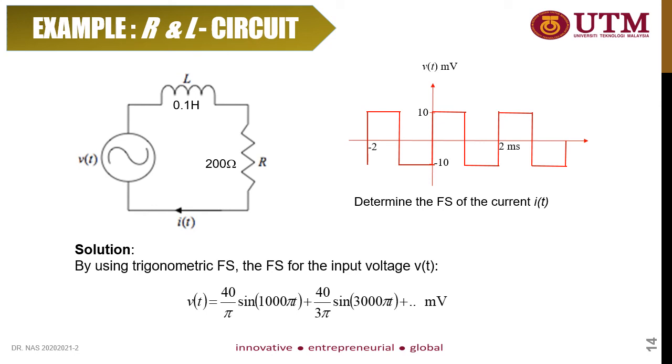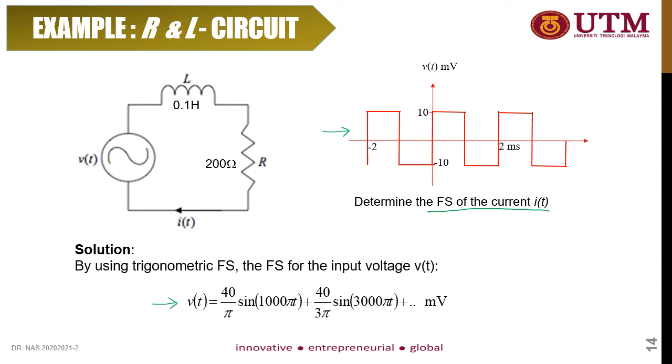Let's have another example when you have a combination of R and L in a circuit. So you need to consider the Fourier series of the current IT. The VT is given in trigonometric form. If there's no equation for VT, you need to derive the equation by referring to the coefficients table.